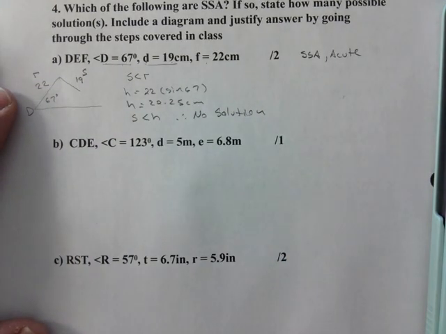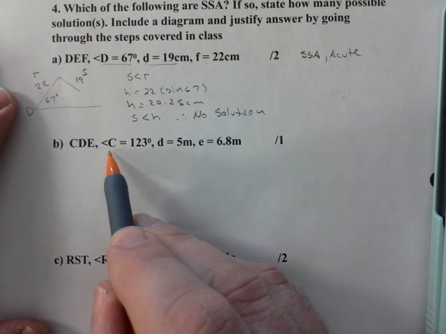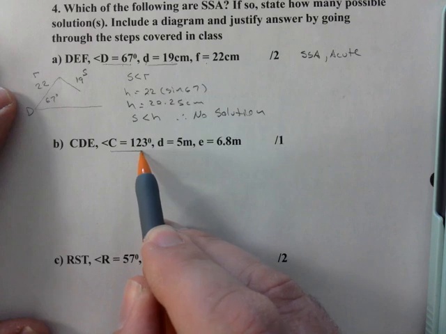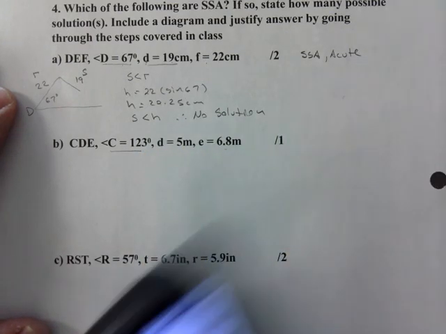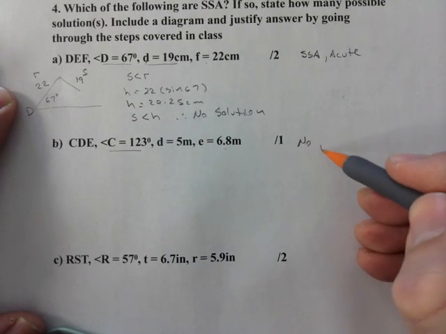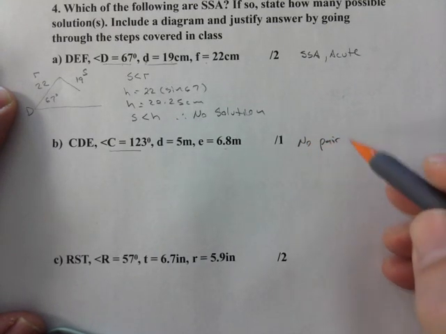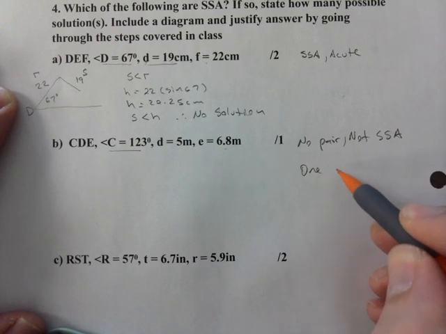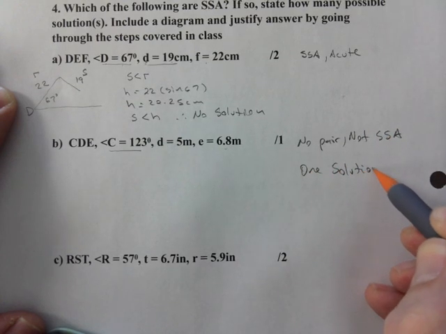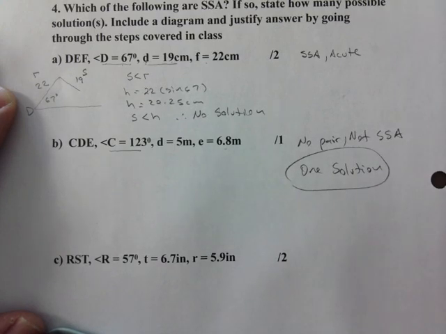No solution. This one here, I notice an angle and 2 sides, but I don't have a pair. No pair. Not SSA. 1 solution. No need to find the height. No need to do anything there.